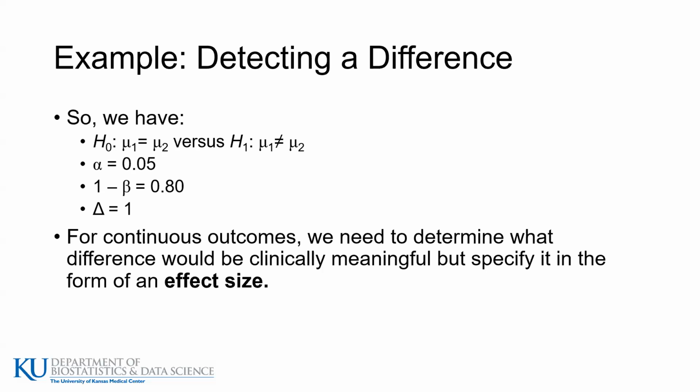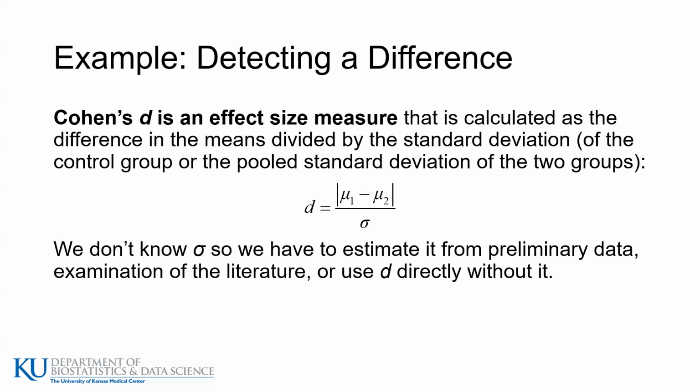So for continuous outcomes, we need to determine what difference would be clinically meaningful, but we want to specify this in the form of an effect size. So as an example, going back to our example, Cohen's d is an effect size measure that is calculated as the difference in the means divided by the standard deviation.